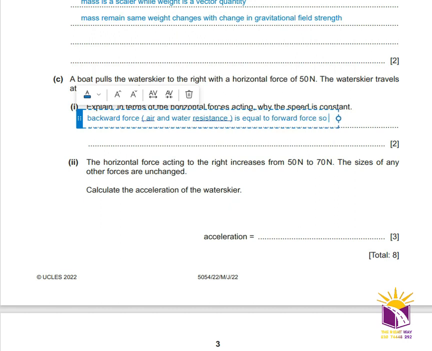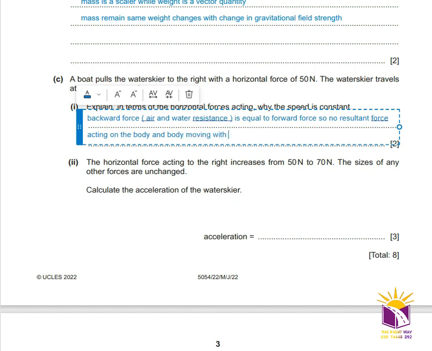So no resultant force acting on the body, and the body moving with constant velocity.